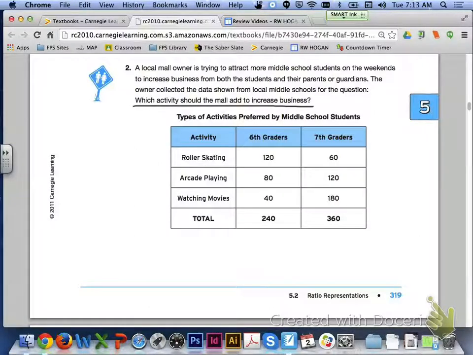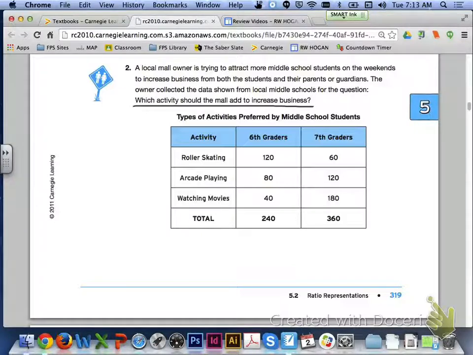Let's take a look at number 2 on the bottom of page 319. It says a local mall owner is trying to attract more middle school students on the weekends to increase business from both the students and their parents or guardians. The owner collected the data shown from local middle schools for the question, which activity should the mall add to increase business?